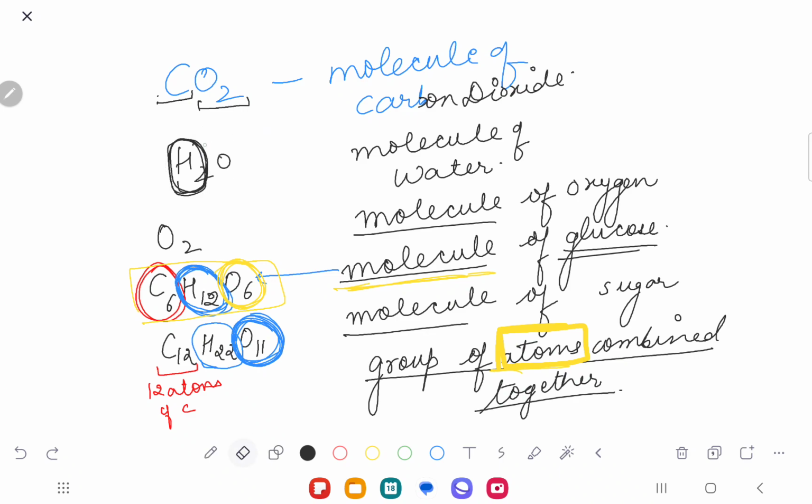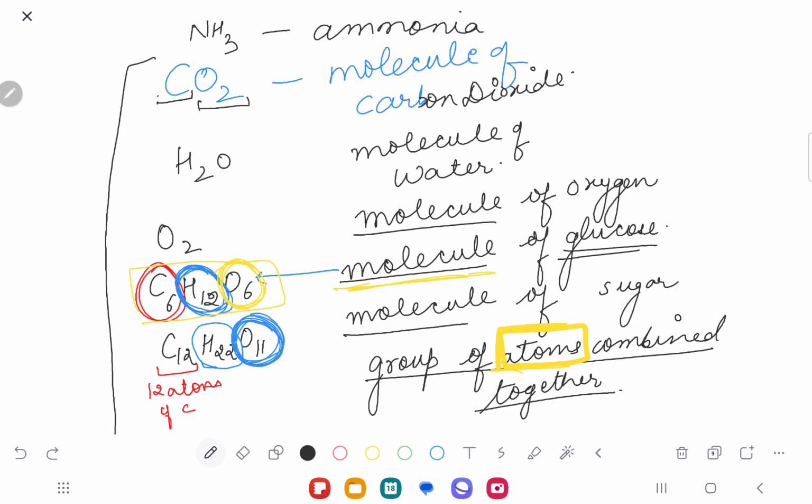Are you understanding? So these are all molecules. There is a gas called ammonia gas. So my point here is that all of these are molecules.